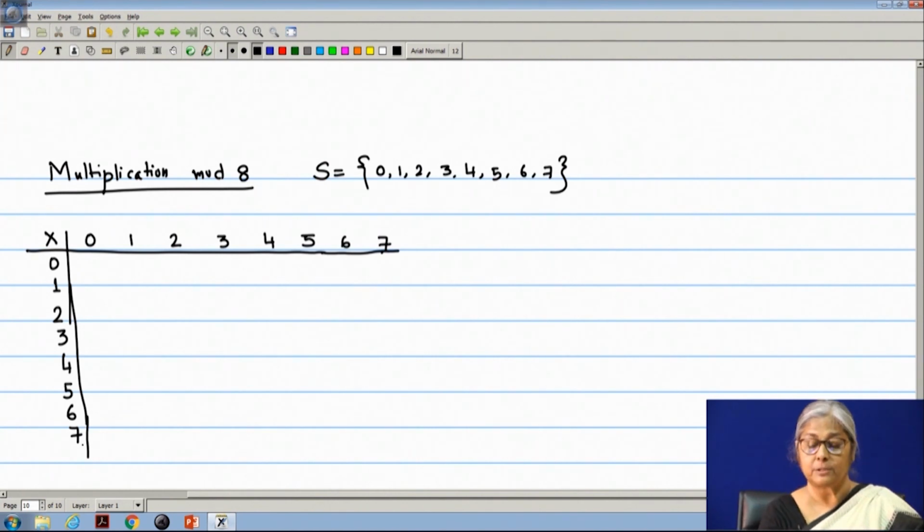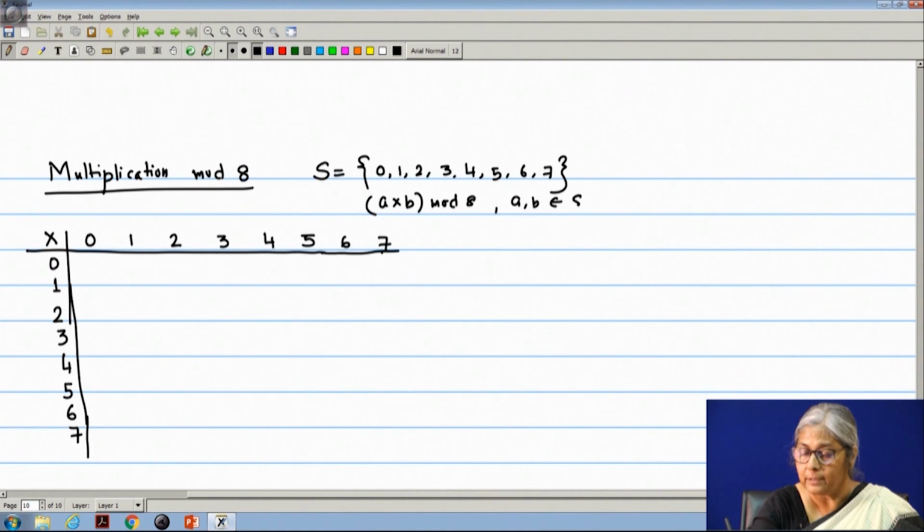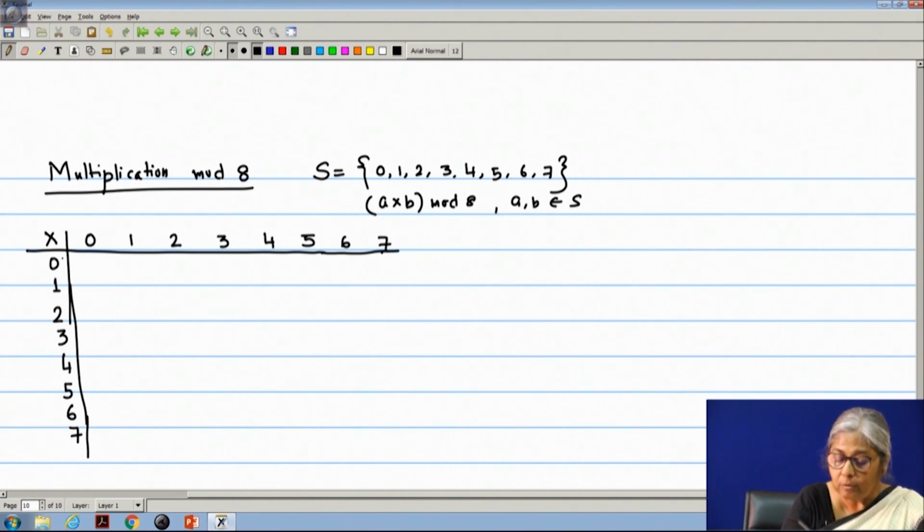Now it is multiplication, so I have to take A into B modulo 8, and AB belongs to S. So 0 into 0, because 0 into anything becomes 0, and 0 modulo 8 is 0. So I write these are all 0.